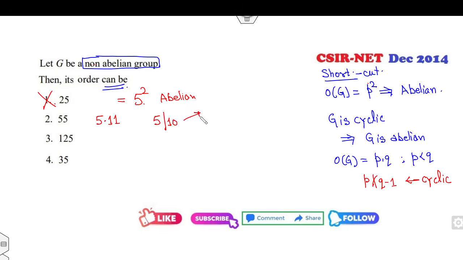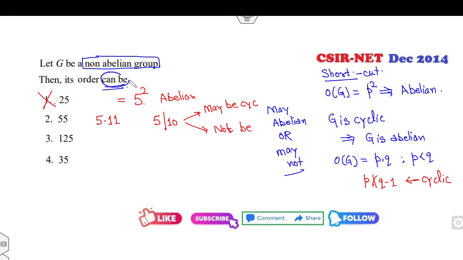So it may be cyclic or may not be. That means it may be abelian or may not be. So now you can see the option can be non-abelian.